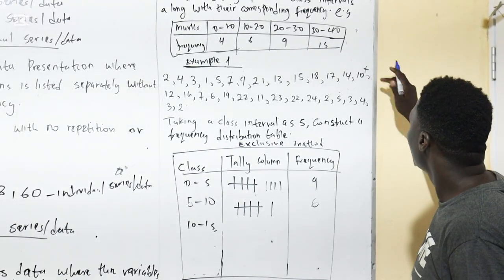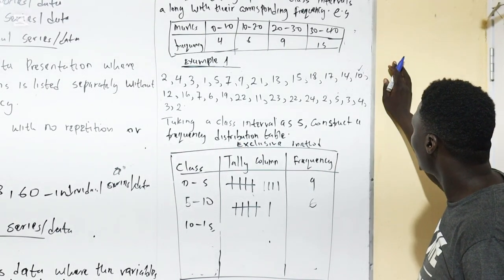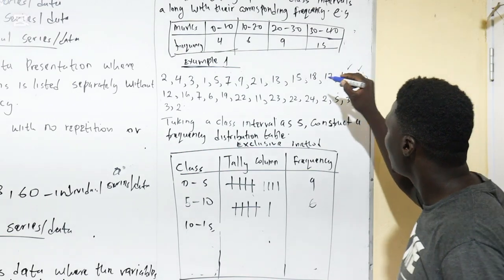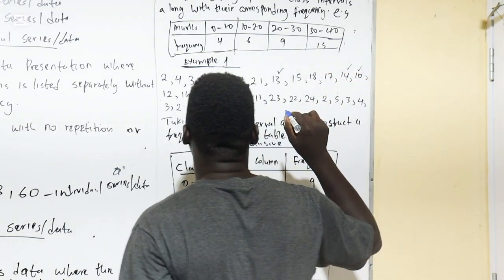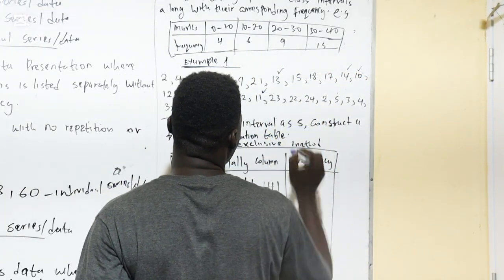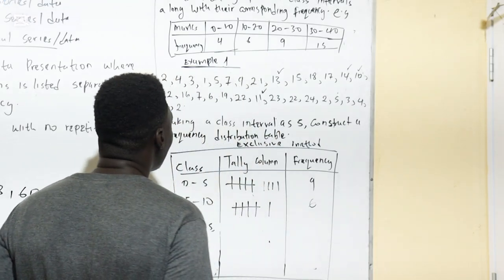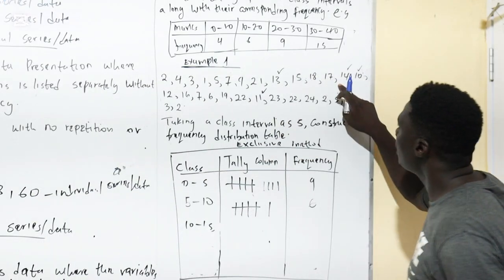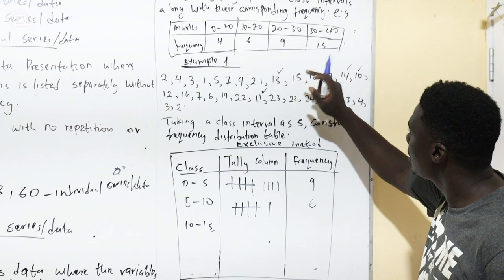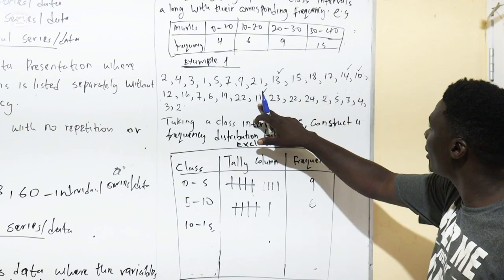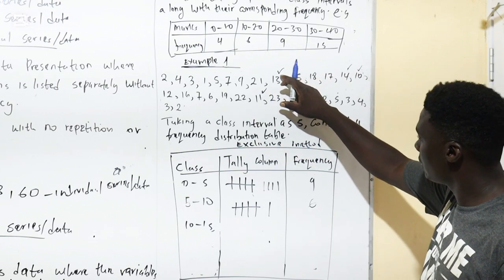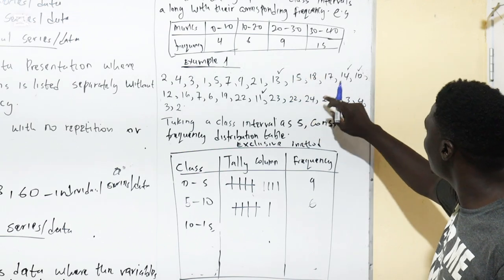Now, 10 to 15, we count 10 to 14 for exclusive. So we have 10, we have 14, we have 13, we have 11, I think only those. 10, 11, 13, 14, and 10.